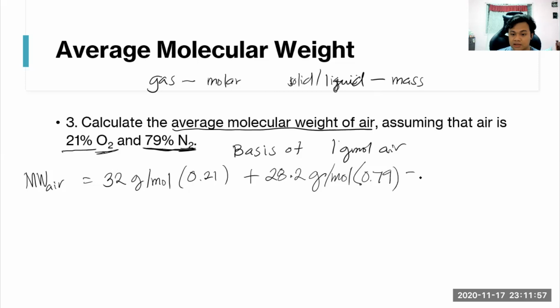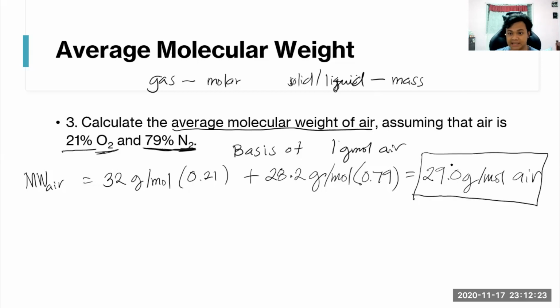Okay, and then you will get 29.0 grams per mole air. So that's it. That's how simple it is to calculate the average molecular weight of air.